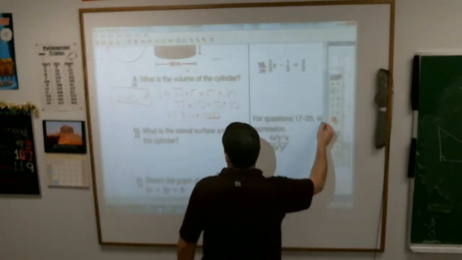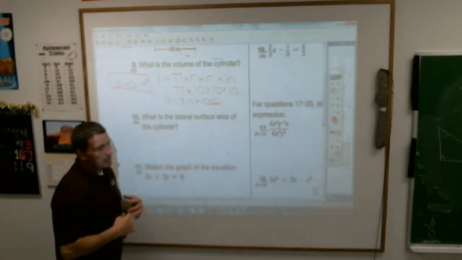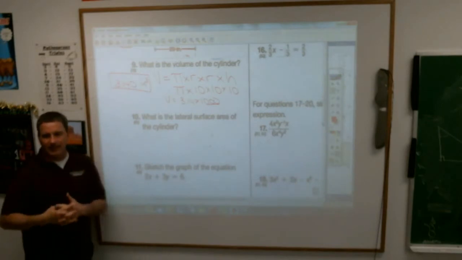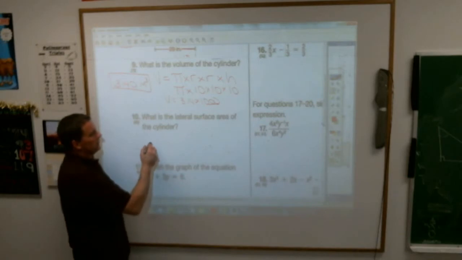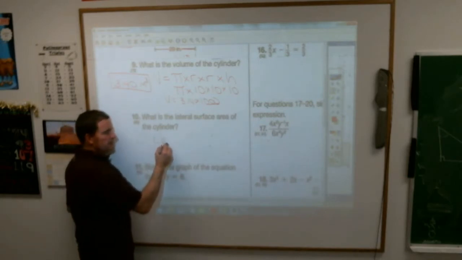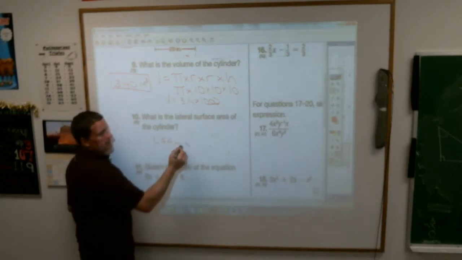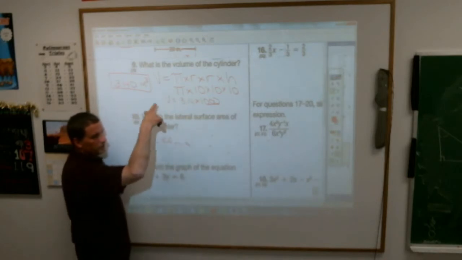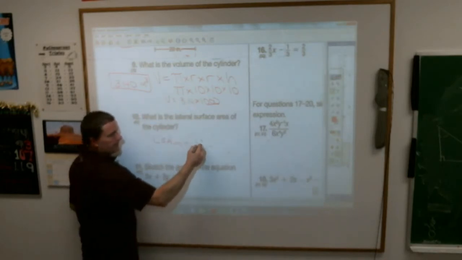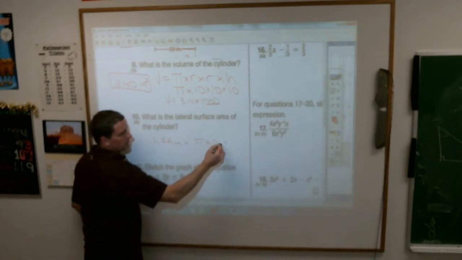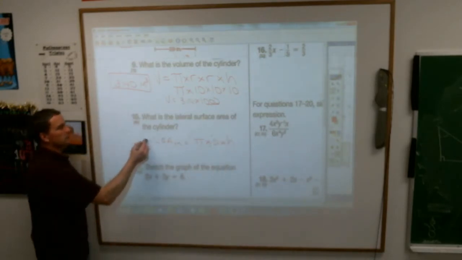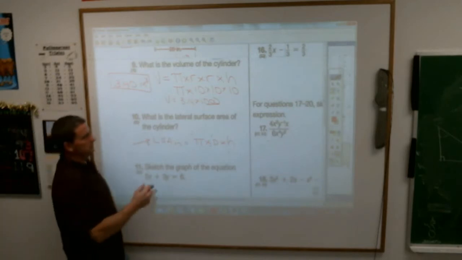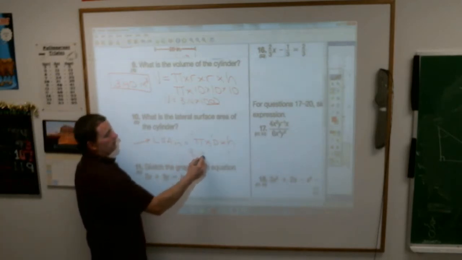And for number 10, lateral surface area, LSA, is the area of the sides. The lateral surface area of a cylinder is the circumference of the circle, pi times diameter, times the height. I would jot that down. 3.14.